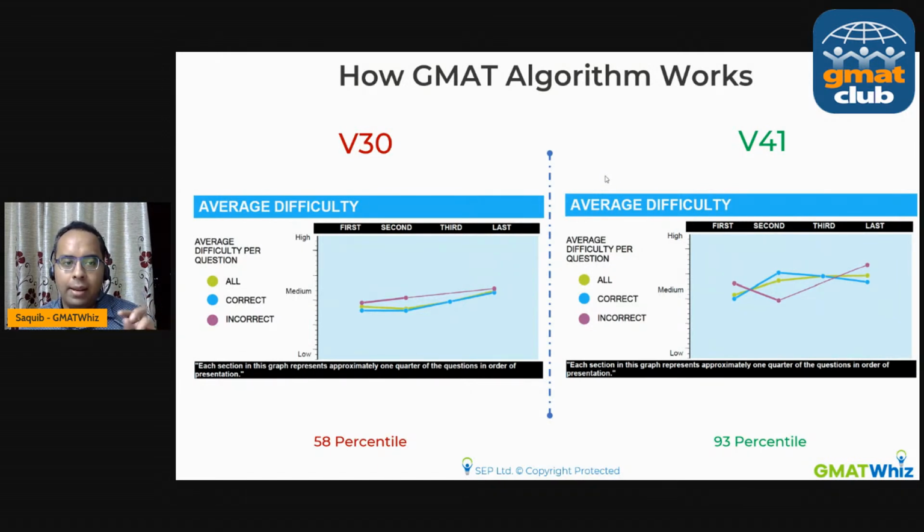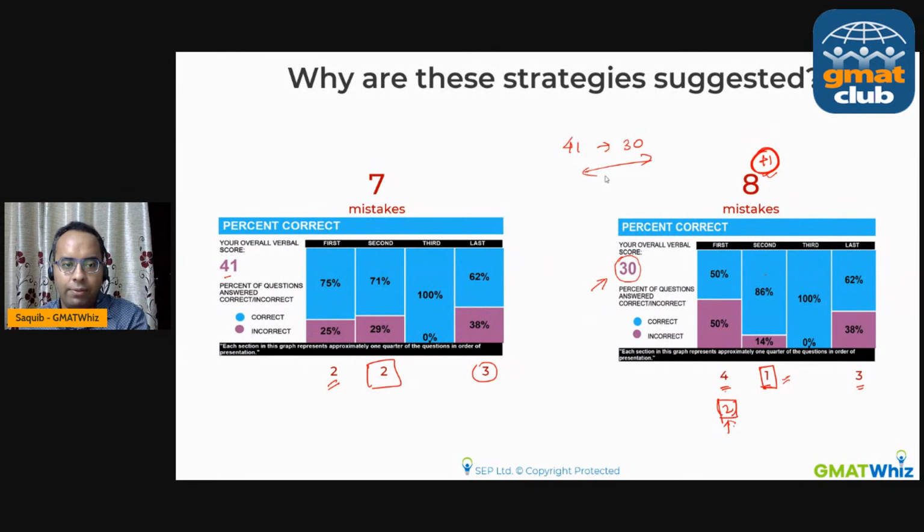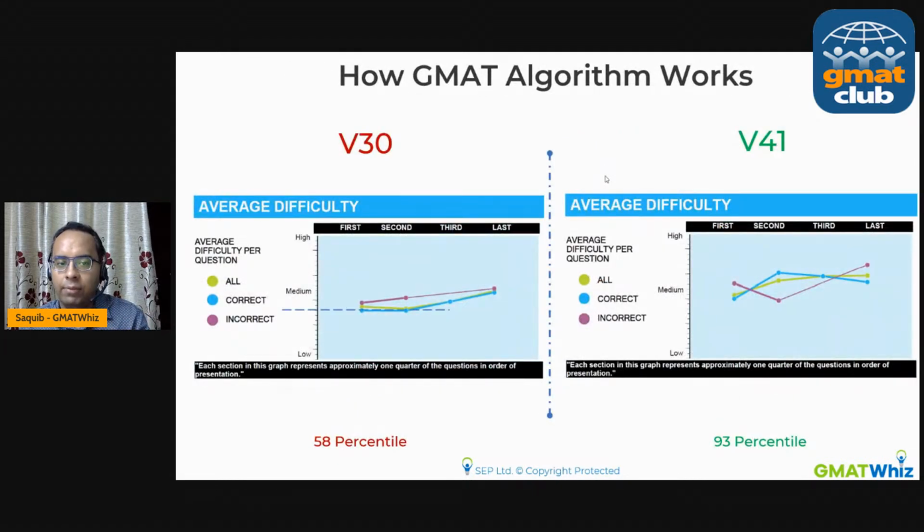What I've done is I've taken the reports of these two and I'm showing you the difficulty level of these two students. And notice, if you get 50% of questions wrong in the first quarter, the kind of questions that you get served is almost below medium. Notice here, in the first quarter, you're getting questions wrong. So ultimately what happens is that in the second quarter you don't get higher difficulty level questions.